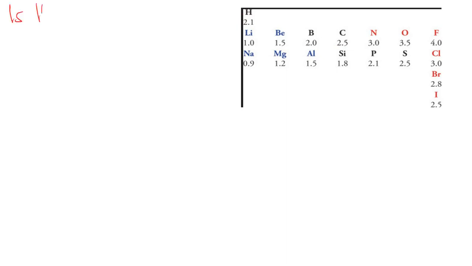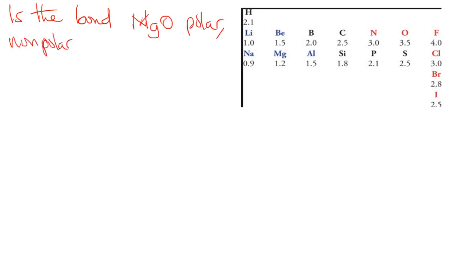Is the bond MgO polar, non-polar, or ionic? If you want to use this formula, you go to Mg and O. O has an electronegativity of 3.5. Mg has an electronegativity of 1.2.